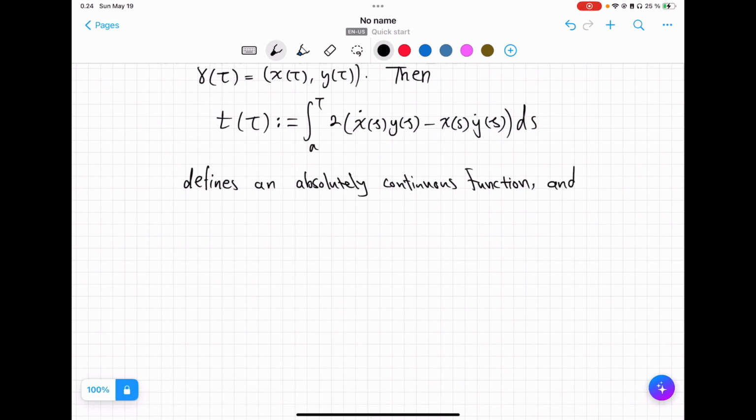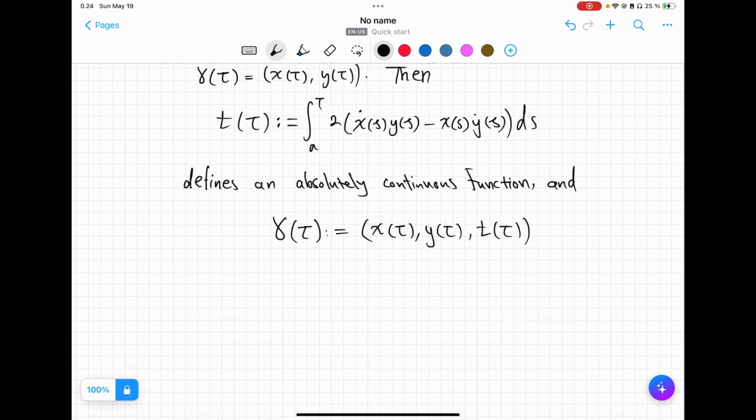And the curve gamma, constructed as x of tau and y of tau, which we started with, and then augmented with this t of tau.